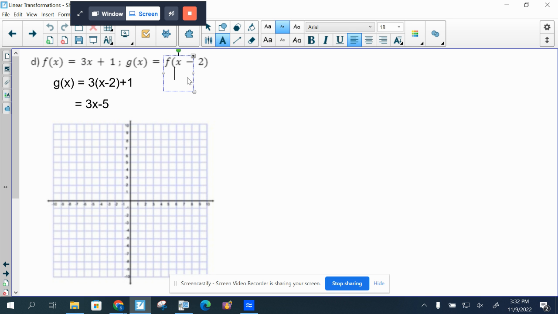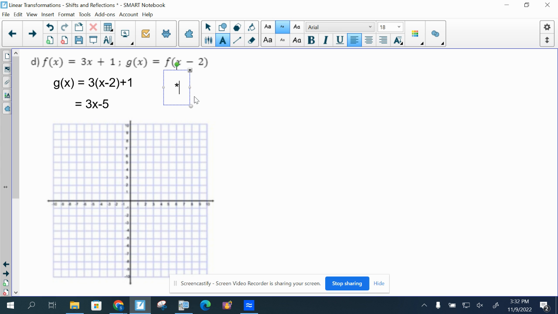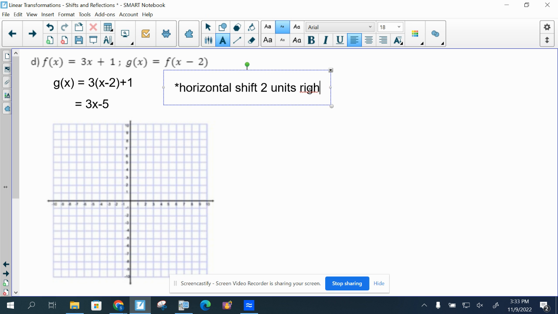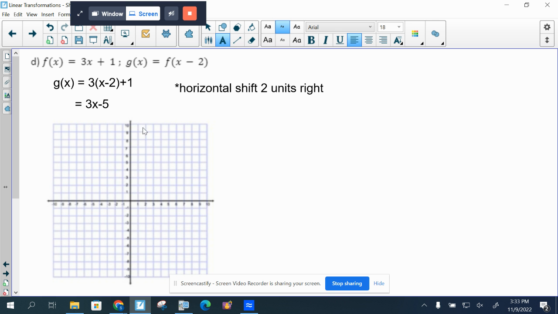And then the description, you would write horizontal shift 2 units. And then since it's x minus 2, it's the opposite, so it goes to the right. So 2 units right. And I will let you do the graphing on your own.